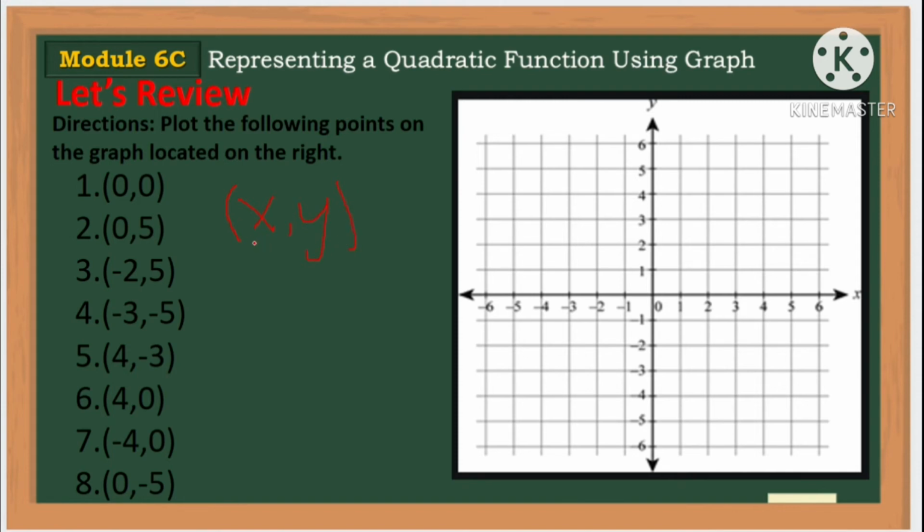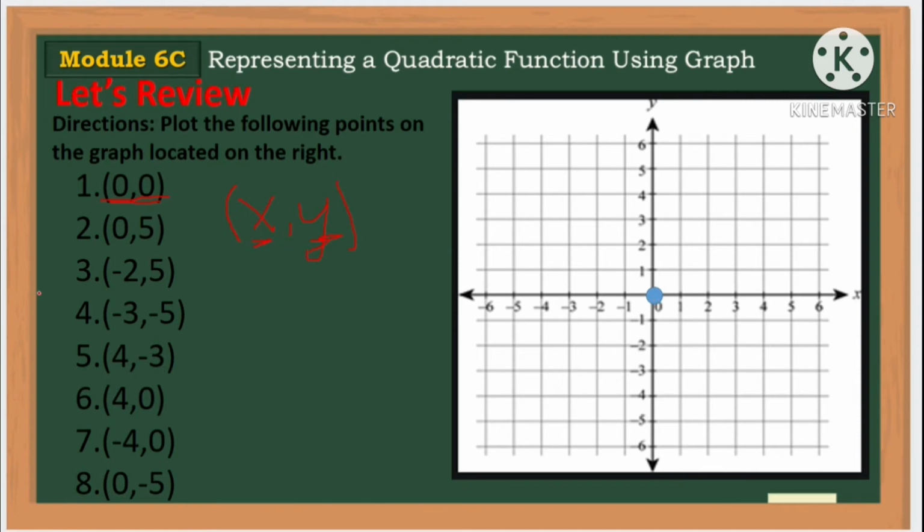Okay, so yung nauunang number, yan ay x. So dito mo siya makikita. Okay? So yung y, yung pangalawa, dito naman siya makikita. So first, i-plot natin yung number 1. So the ordered pair is 0, 0. Meaning, ito ay nasa origin. So andito lang siya, 0, 0.